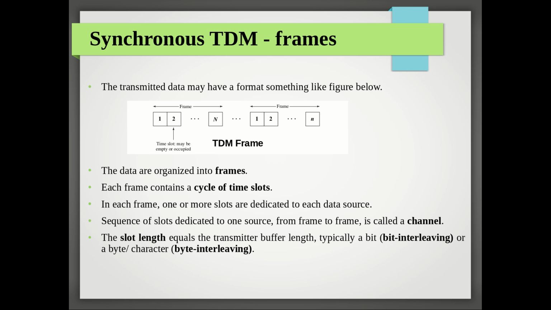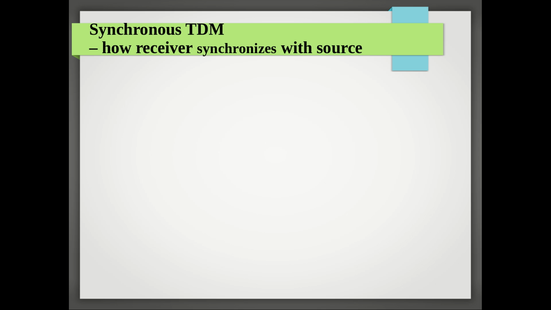Similarly, if you are thinking about byte interleaving or character interleaving, each buffer connected to each input line will be buffering 1 byte, 1 character at a time, and now the scan operation will take those bytes together and form the frame. Okay, so that is how we are fixing the slot length.